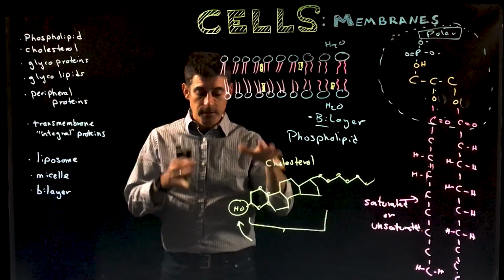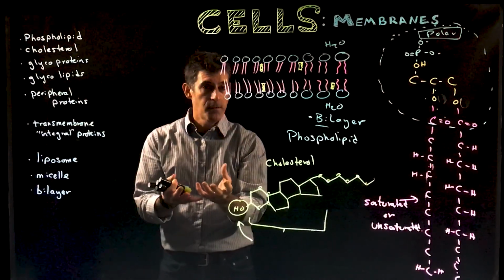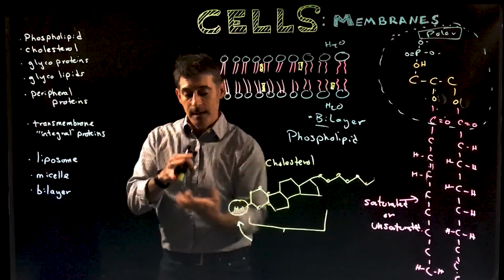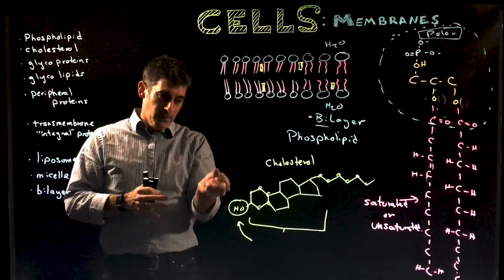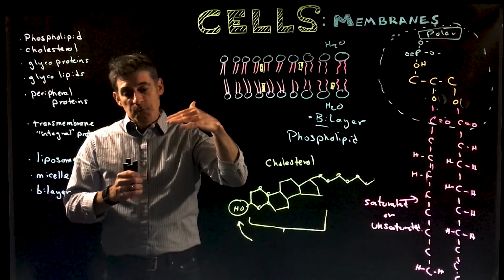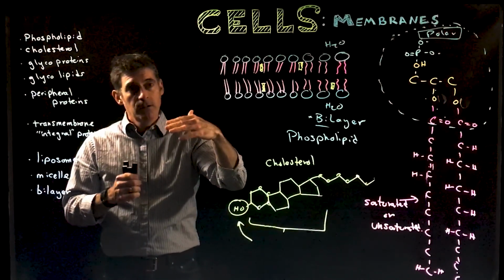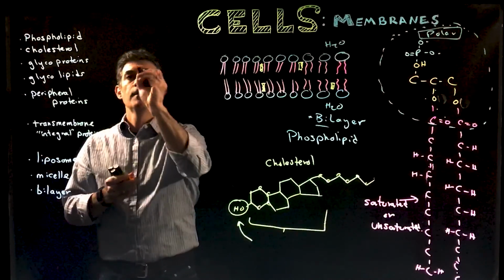So the phospholipids are like an oil covering the surface of water, in this case forming, say, a ball or a sphere that forms a cell membrane that contains water on the inside and has water on the outside. That little oily layer, that's the membrane, right, can either be somewhat tight and rigid, or it could be very loose and flexible. Right? So it's a concept that we call fluidity.